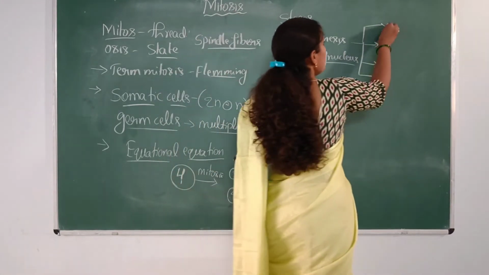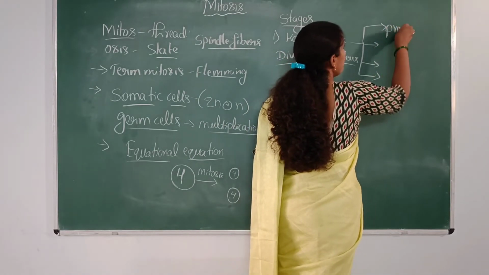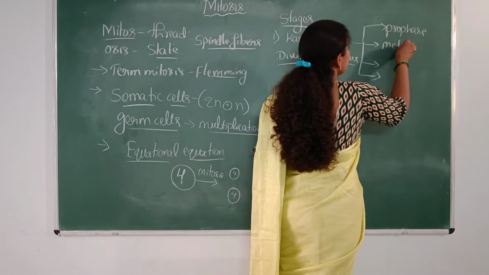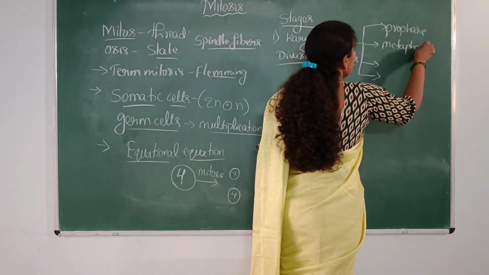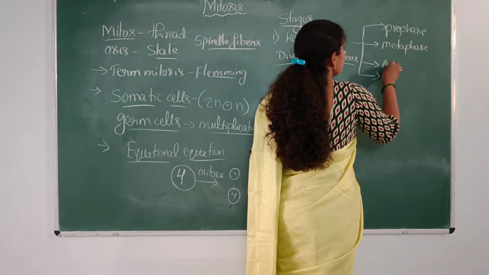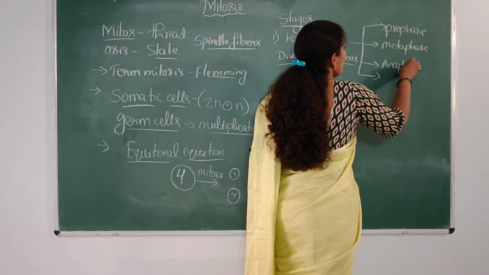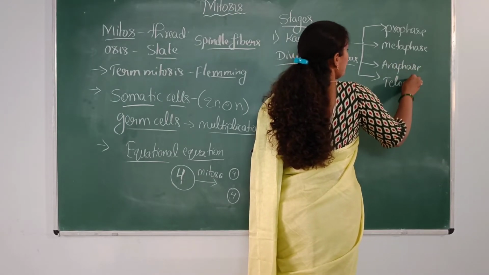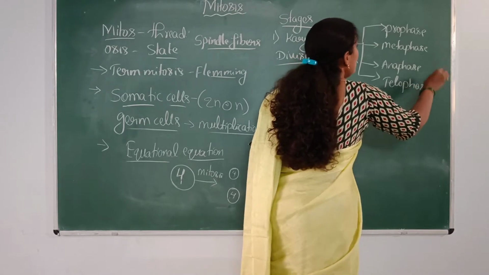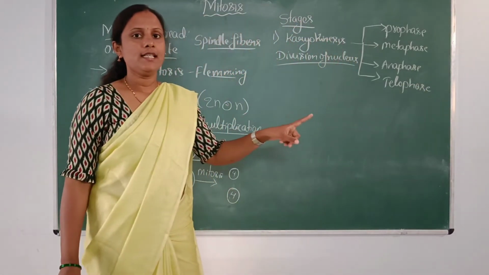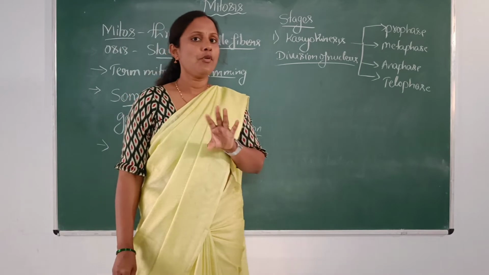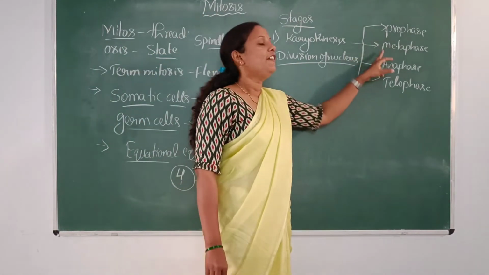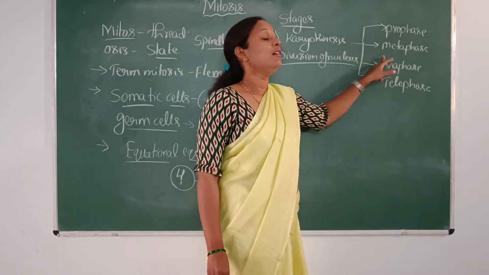They are prophase, metaphase, anaphase, and telophase. Even though we can differentiate karyokinesis into 4 phases, we cannot draw a difference line between the phases.